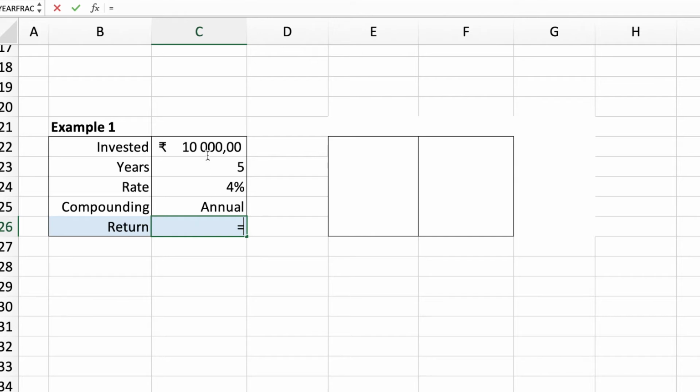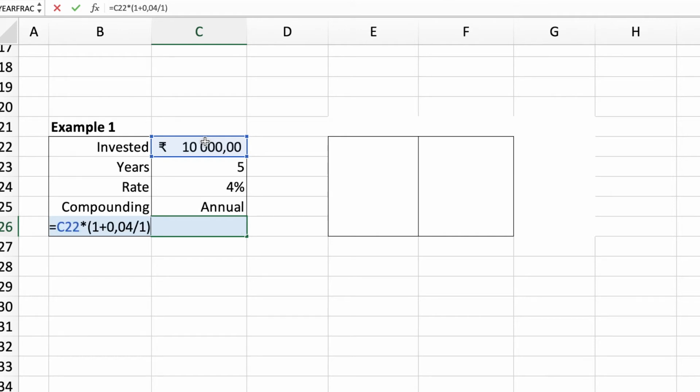Equal to principal amount multiplied by open bracket 1 plus the rate of interest is 4%, so I will write 0.04. I just divided 4 by 100. If you want, you can write it here, but for simplicity I just write the already calculated value 0.04, divided by n. So n here is 1 because the compounding is annual.